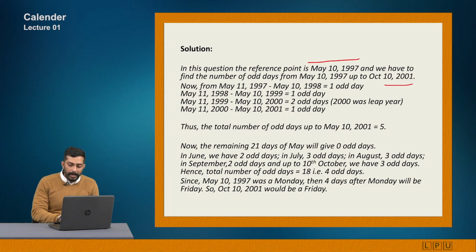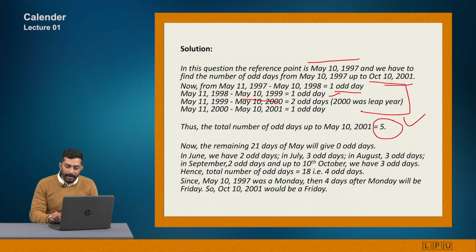From May 10, 1997 to May 10, 1998, we have one odd day, because we know this is an ordinary year and we are getting one odd day. From May 1998 to May 1999, we have one odd day. Then again, we are finding the total odd days here. So we are getting 5 odd days from May 11 to October 10, 2001.